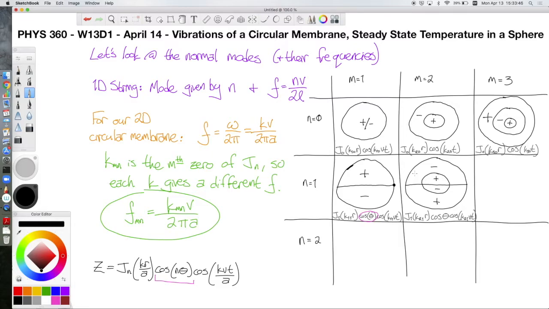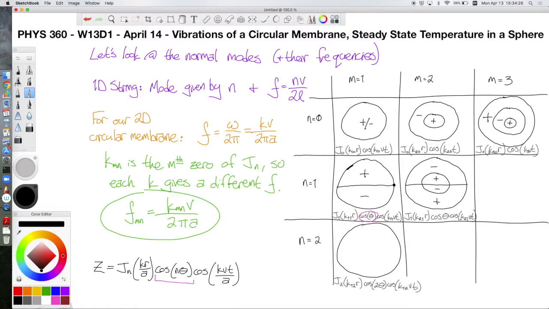And I'm going to jump down to m equals 1, n equals 2 for now, down here in the corner. And since n equals 2, our Bessel function will be the second order Bessel function. And that's k sub mn, so k sub 1, 2, the first zero of the second order Bessel function. And this time we have cosine of 2 theta, since n is now 2, along with our usual cosine of kvt term.